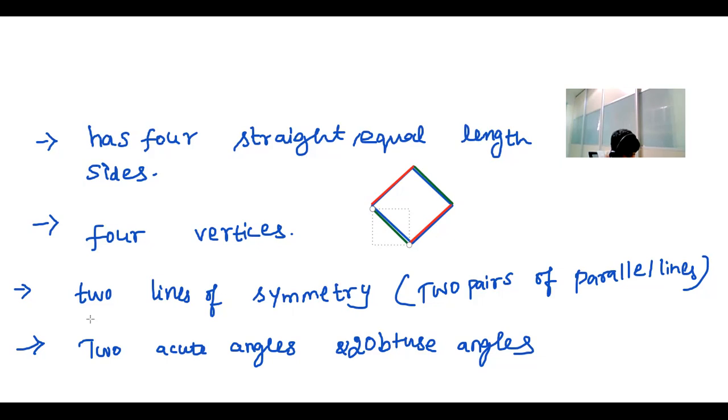I want you to make a kite, and that kite should hold all these properties: all the sides equal in length, two pairs of parallel lines, two acute angles, and two obtuse angles.